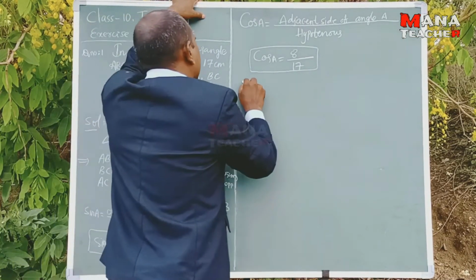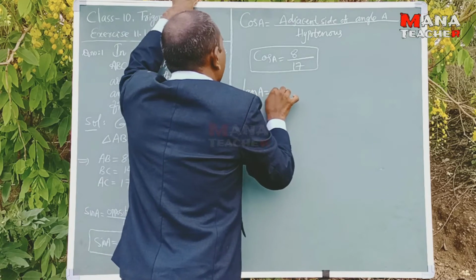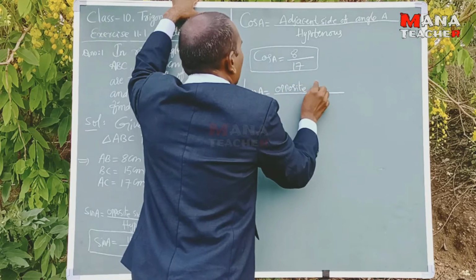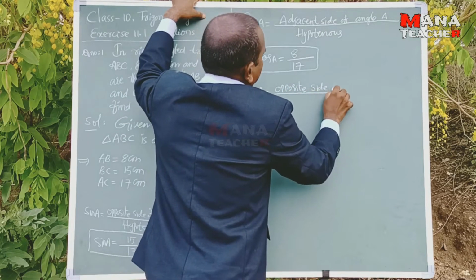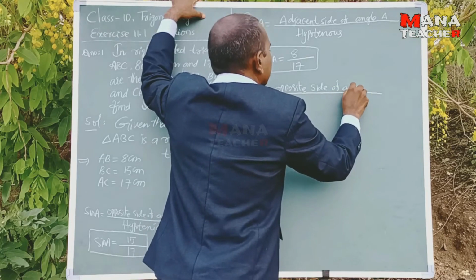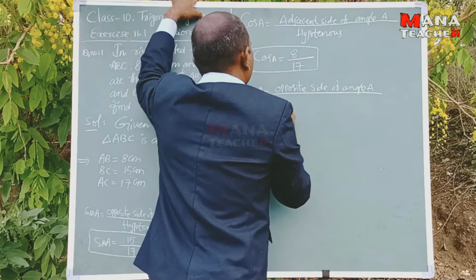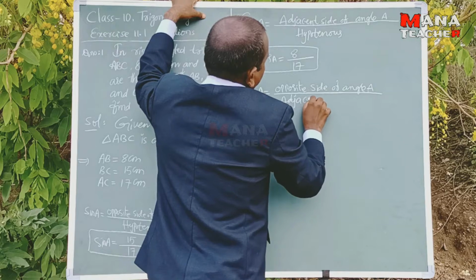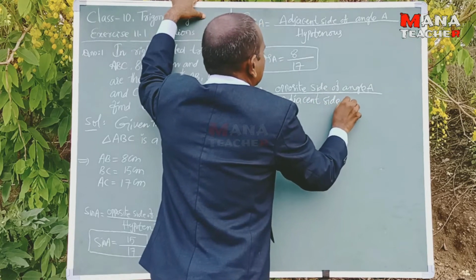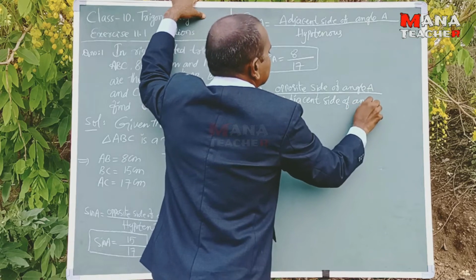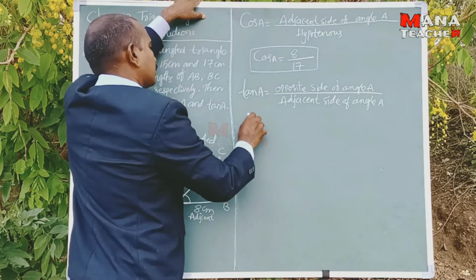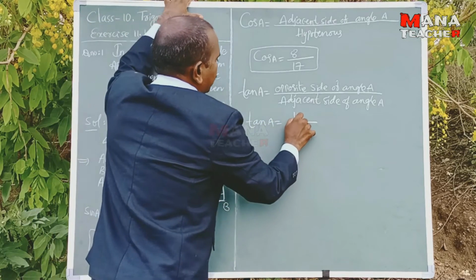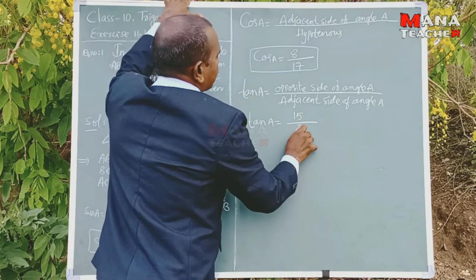Next, tan A equals opposite side of angle A by adjacent side of angle A. Tan A equals opposite side 15 centimeter by 8 centimeter.